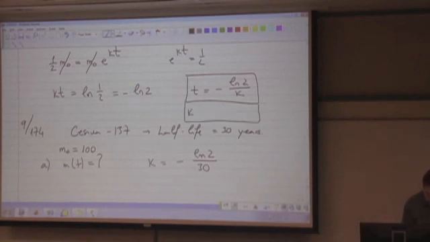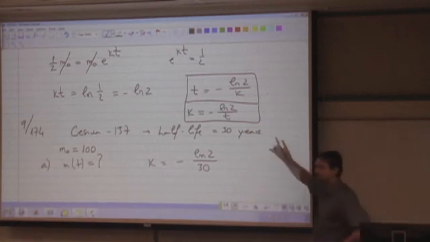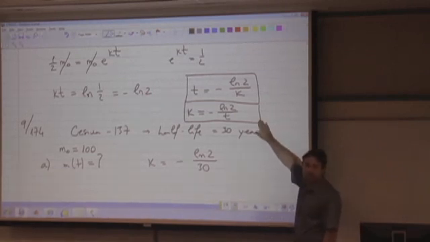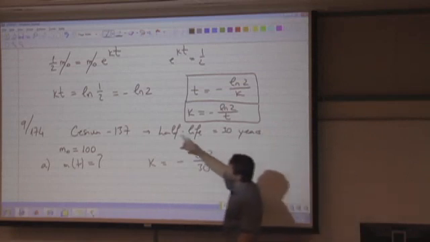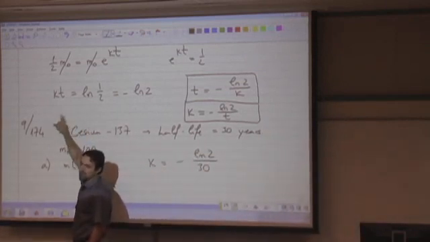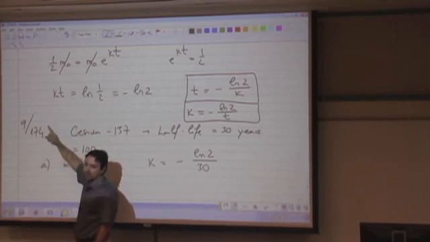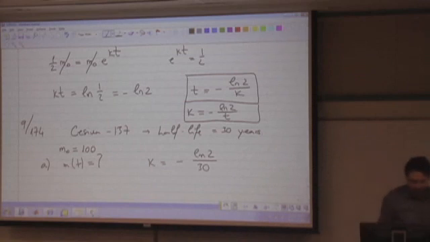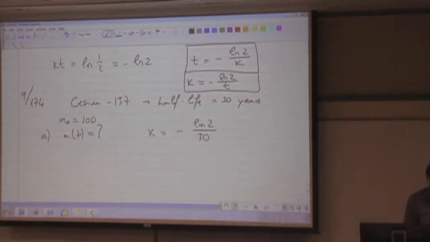Another formula says that k is minus ln of 2 over t. Think about coming back here, and instead of solving for k, you solve for t. So you end up with minus ln of 2 divided by k instead of divided by t. So that's basically part A.